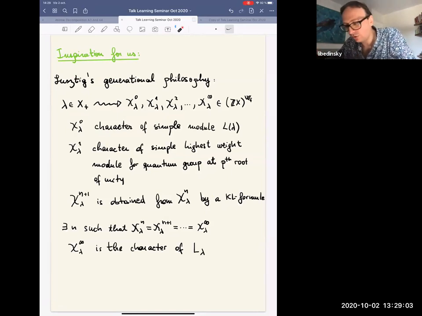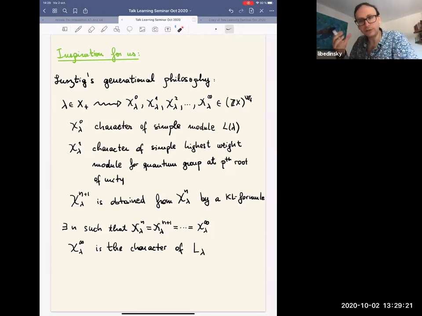Maybe I should say Lusztig-Williamson's generational philosophy. You define for a dominant weight a sequence of characters, such that the first one is the character of the simple module of the Lie algebra. So you can calculate it; this is given by the Weyl character formula, for example.